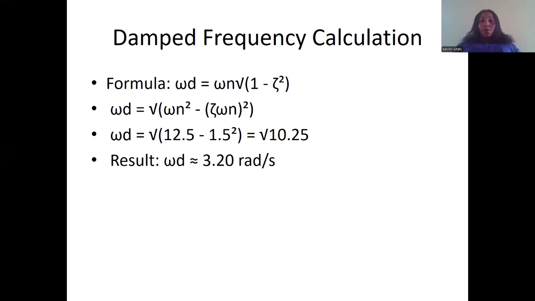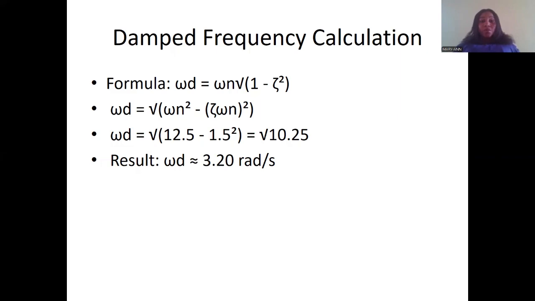Okay, so before determining the time period T, we first calculate the damped frequency. The damped frequency represents the actual frequency at which the system oscillates when damping is present. Because damping dissipates energy, the frequency is always slightly lower than the natural frequency. From our calculations previously, the natural frequency is 3.53 rad per second, and our damping ratio is 0.424.